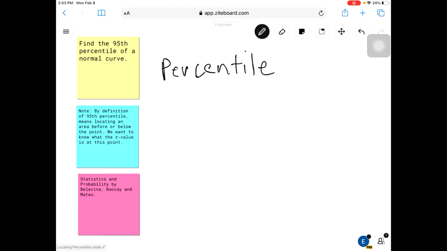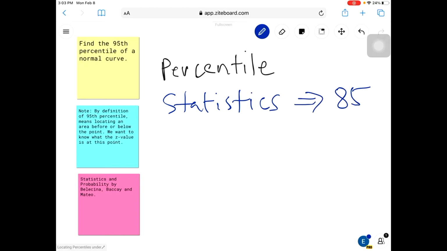So for example, in a statistics test, you got a score of 85, and you want to know how you fared in comparison with the rest of the class.